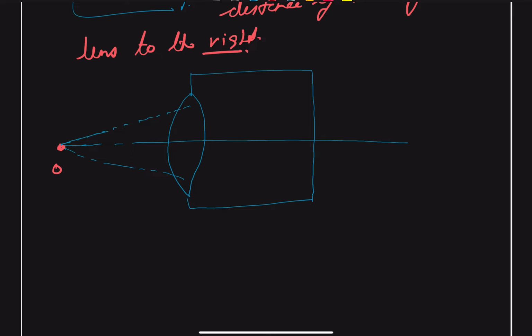Let me make it solid. So it will be bent in this direction, and similarly for the other part also. And if there would have been no mirror, which was here, it would have converged somewhere here, and this is our I1.